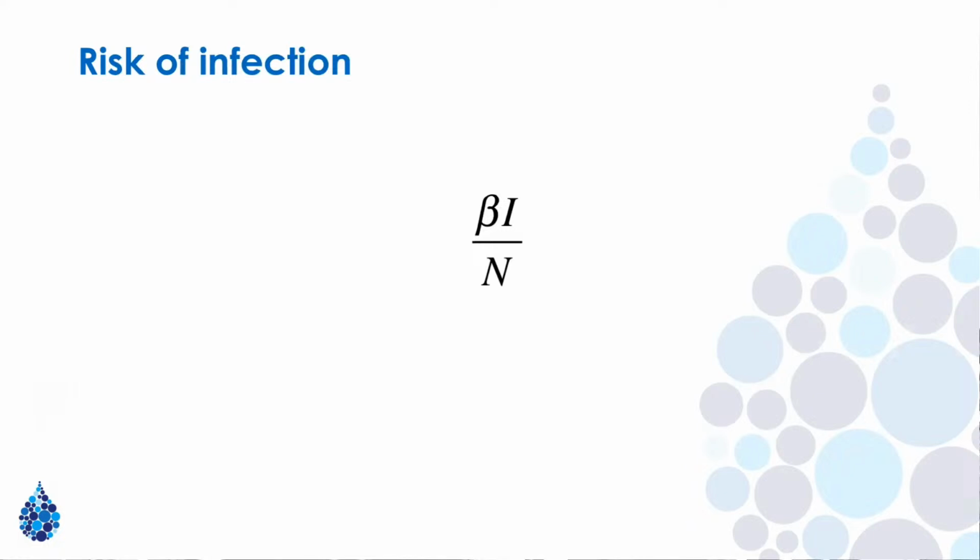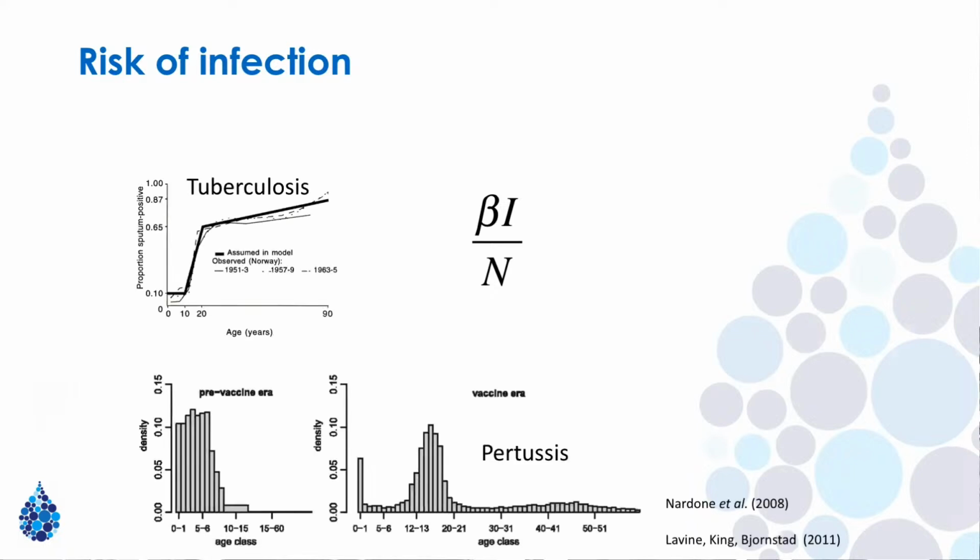Okay. Then we've got the risk of infection. So we've got our force of infection. We've defined it before. This is one of the things you might look at first when you want to add complexity to your model to capture different contexts or different questions.